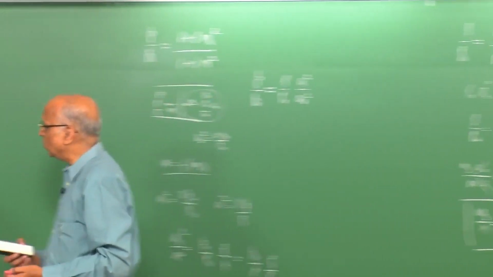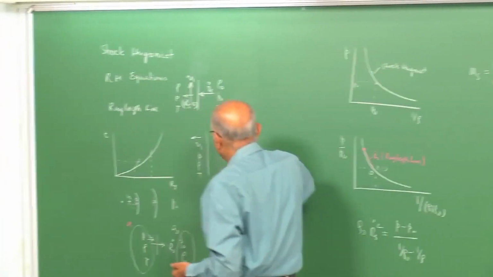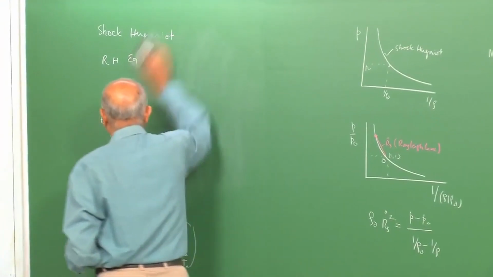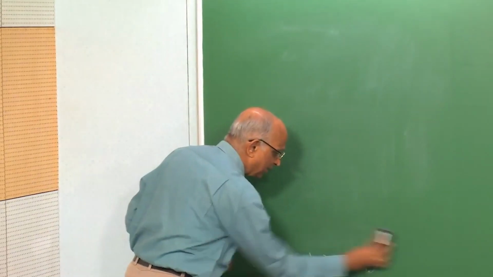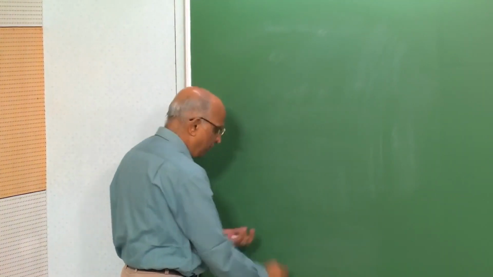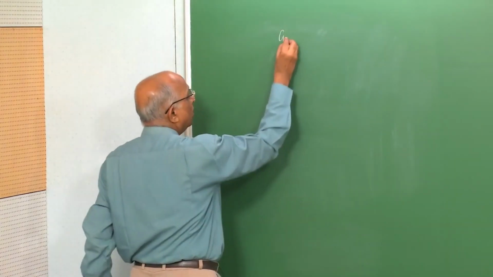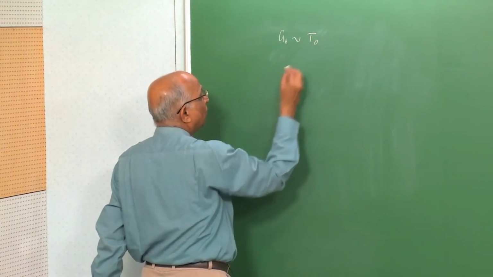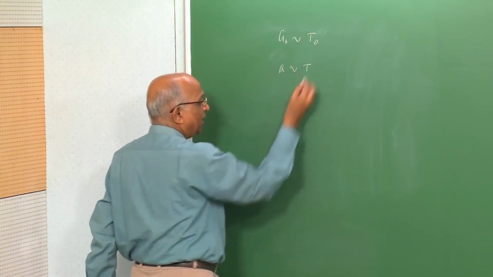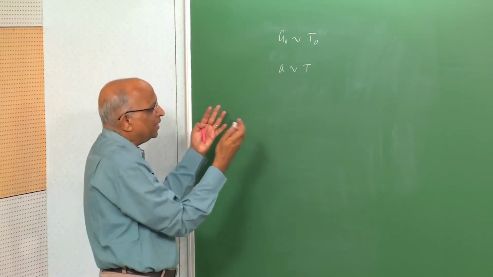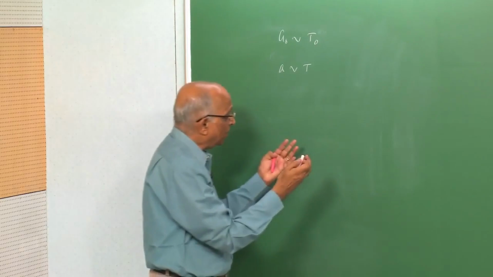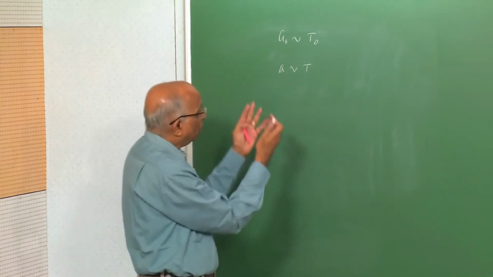Therefore, to be able to do that, we realize that when we talk of the sound speed, we know it is something like the internal energy of the gases. Therefore, A0 must be related to T0, and A must be related to the temperature behind the shock wave T, and therefore, can I somehow use the energy equation across the shock to be able to do that?